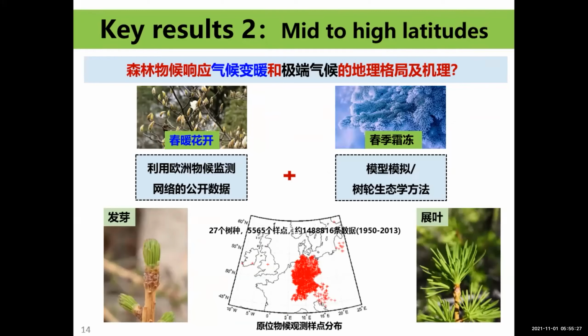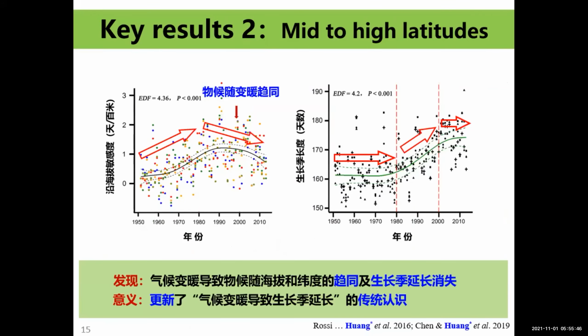We downloaded and used open access data from the International Phenological Gardens network in Europe, and we used different modeling approaches such as mixed effects modeling, and found tree phenology at mid to high latitude shows quite synchronized advances in leaf unfolding, flowering, and bud burst with climate warming across space and time.